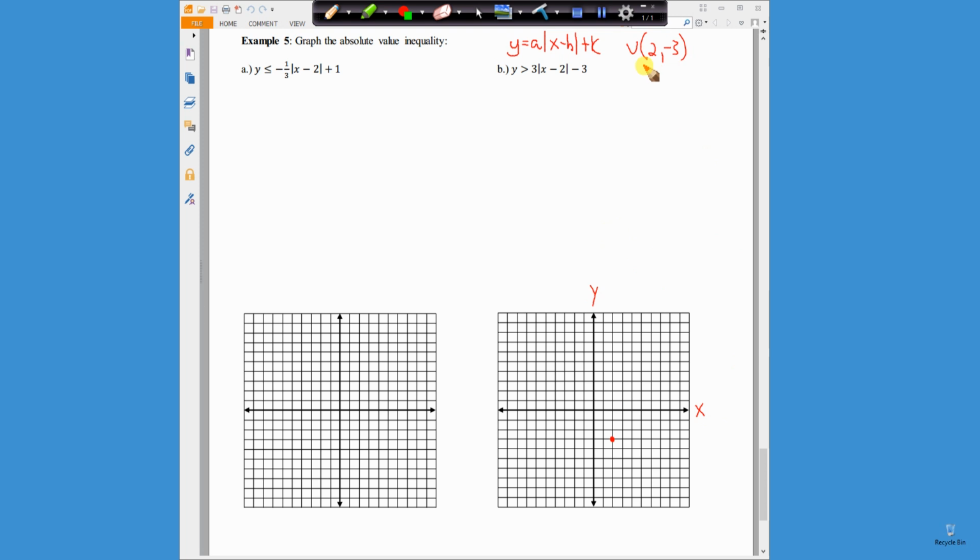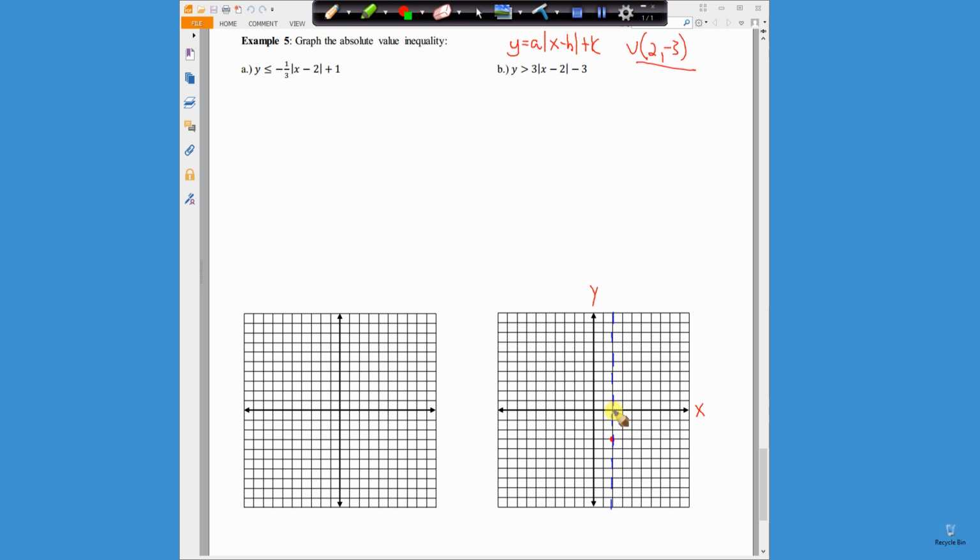Okay, that's my vertex. Now let's plot another point using the axis of symmetry. We can mirror it, and then we have basically our absolute value function. So the axis of symmetry would be here, through the vertex, a vertical line. Let's find another point.